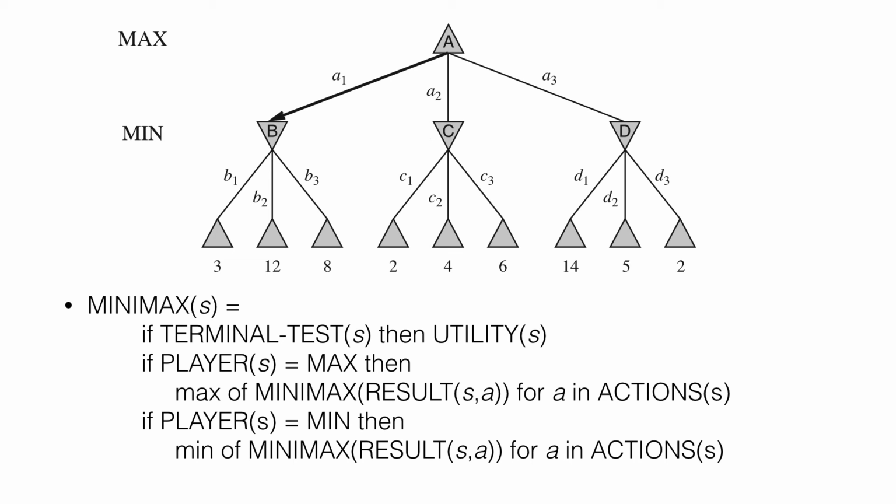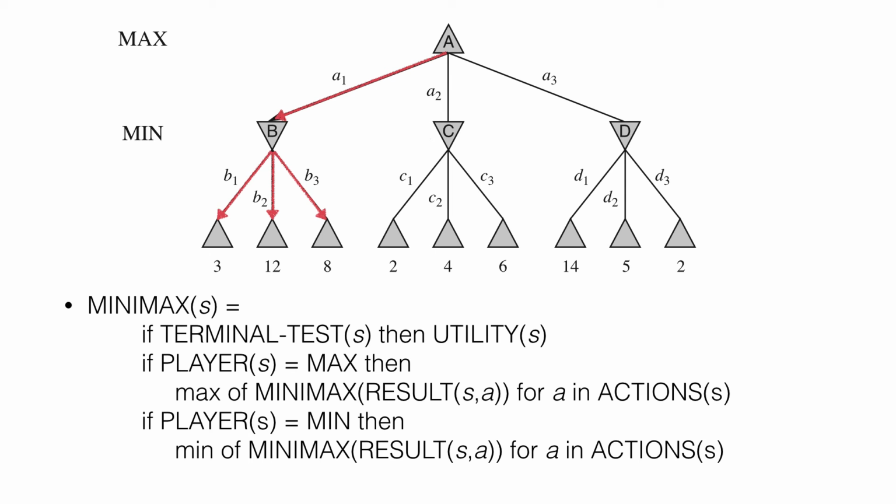So what Minimax looks like then is it's going to first try state A, or rather, it will try A1. Okay, and when it tries A1, it's going to then look at state B, right? It's now considering state B, and it's going to call minimax on state B. So let's think about what happens recursively when minimax is called on state B. The minimax method called on state B is going to then try B1, B2, and B3.